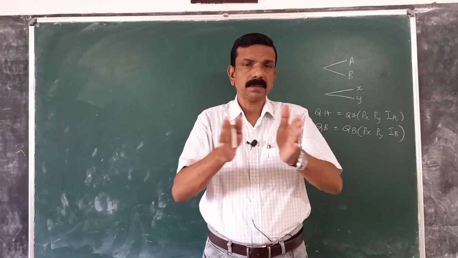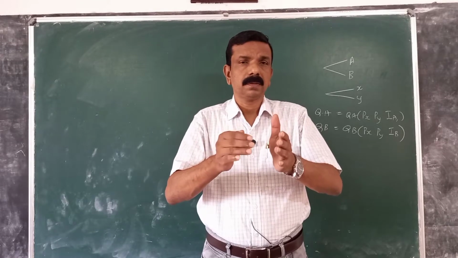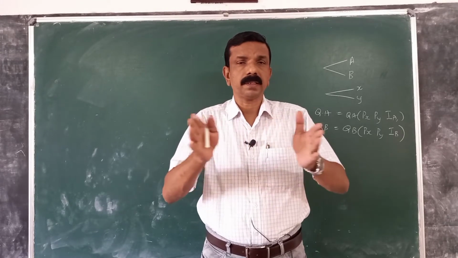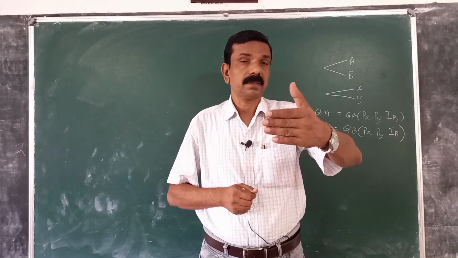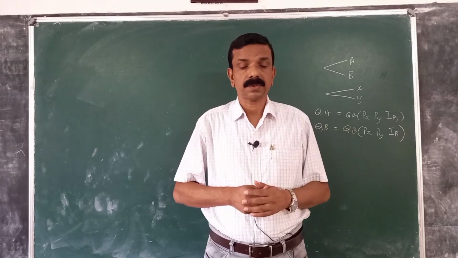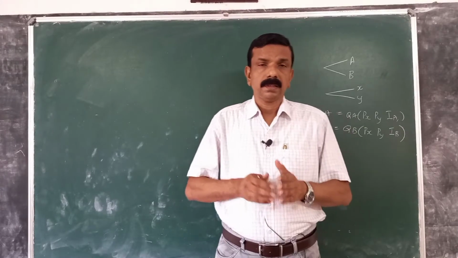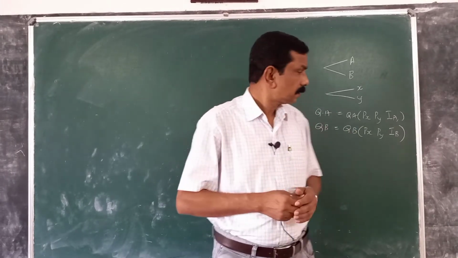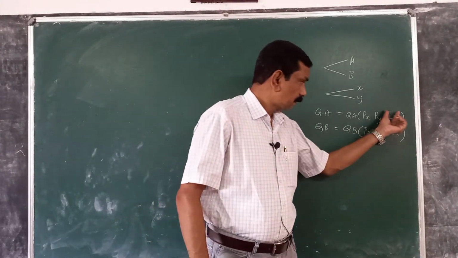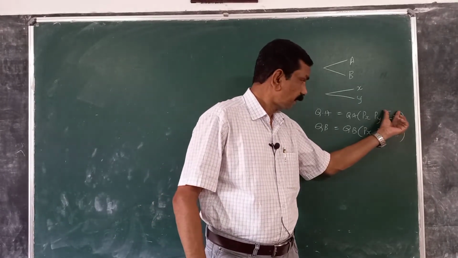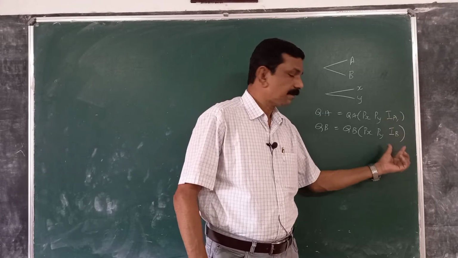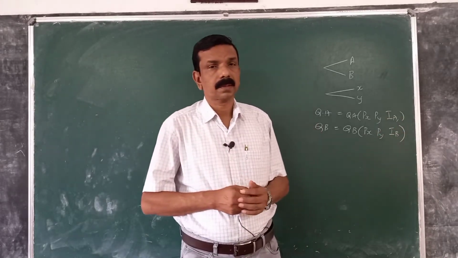They are very small relative to the size of the market, so that they cannot influence market outcomes. And it is also assumed that they are constrained by their income constraints, IA for A and IB for B.